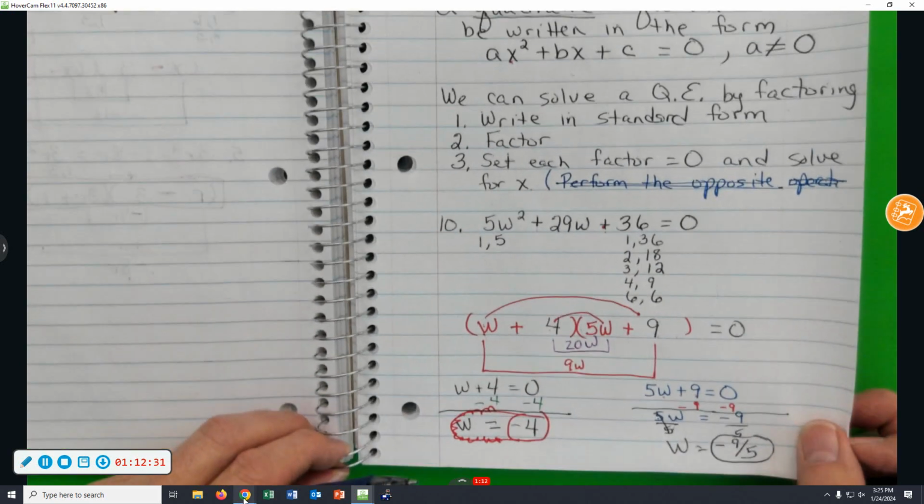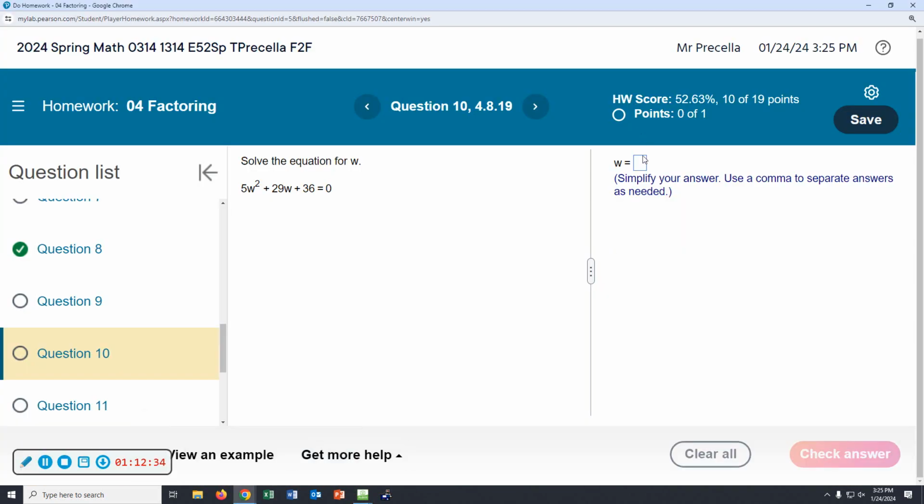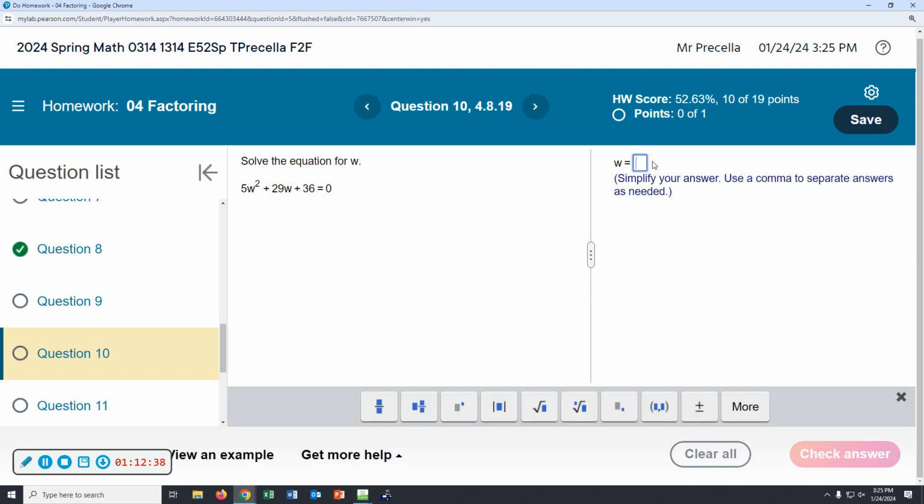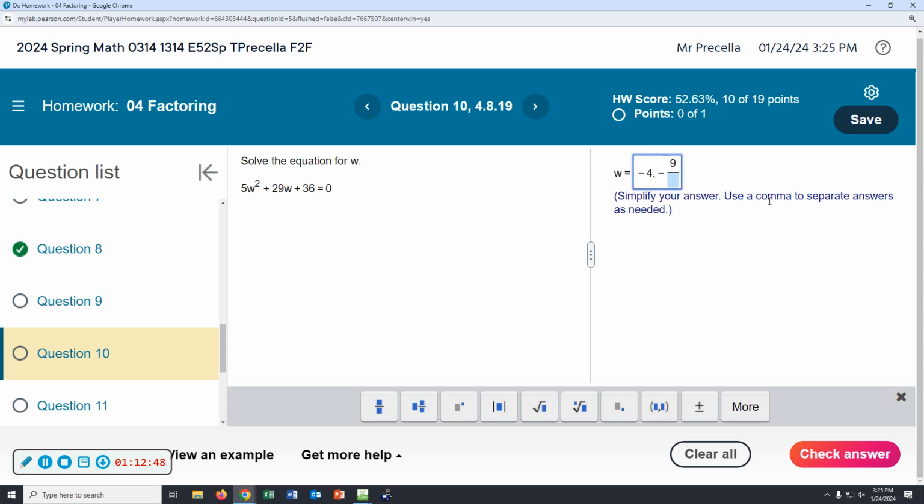I'm going to come over and notice they've already typed the W equals. All you're typing in is the number, -4, and they say separate them with a comma, and -9/5. I use the slash bar from my keyboard, just out of laziness.